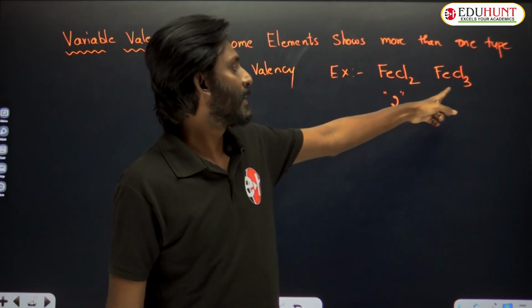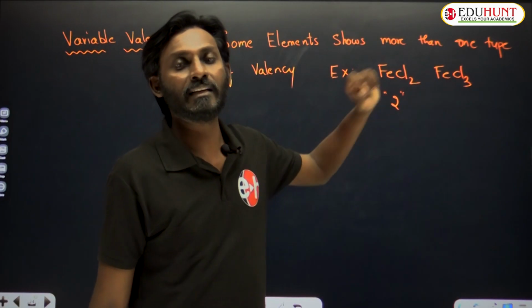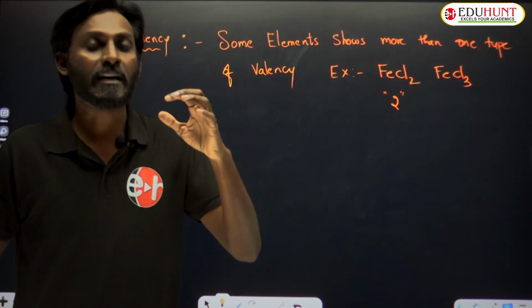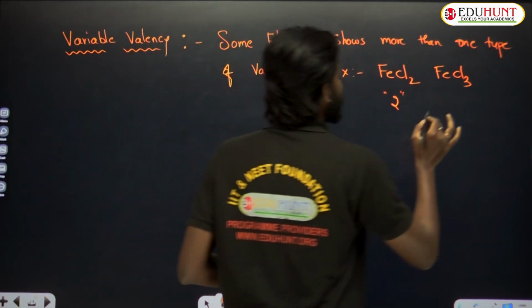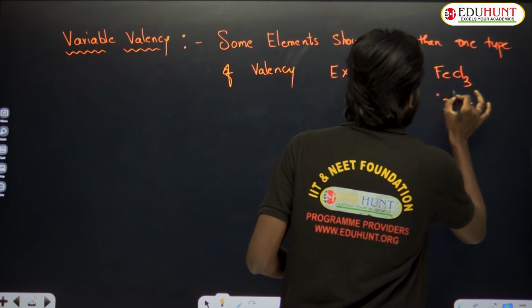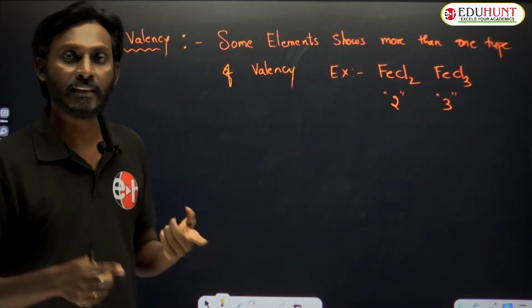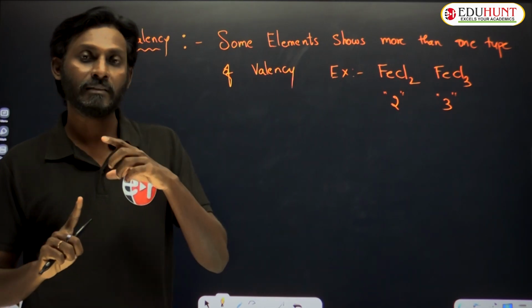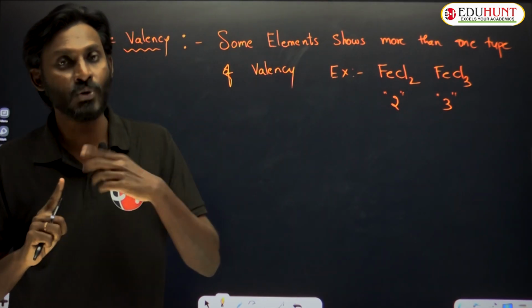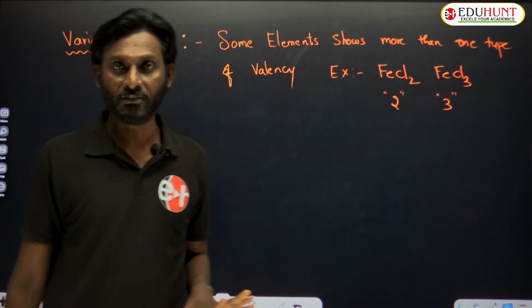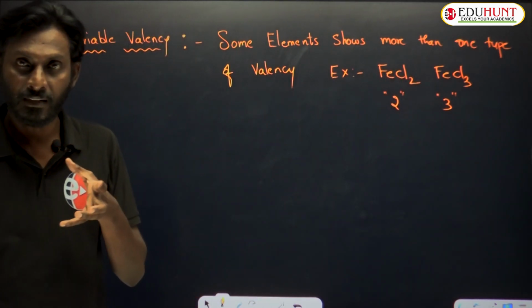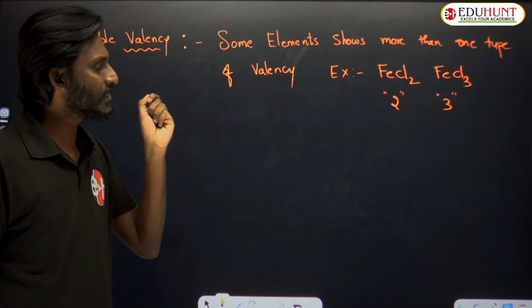Then look at the example FeCl3. Now you can say that the combining capacity of iron is 3. Here the same iron is showing more than one type of valency. Sir, why is that happening?